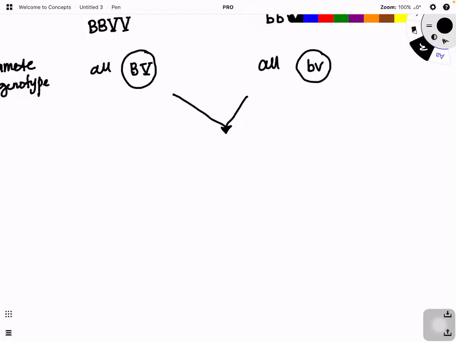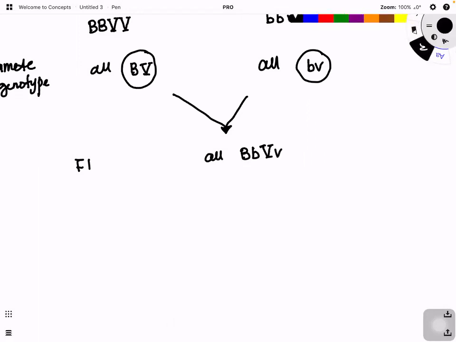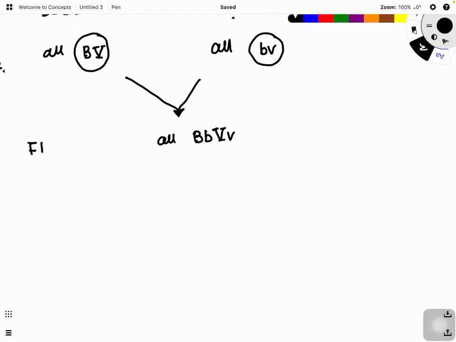My F1 will show all of them big B, small b, big V, small v. Correct or not? Okay, nothing special here, right? Nothing special. In this case, all F1 generation will show the gray body, normal wing.